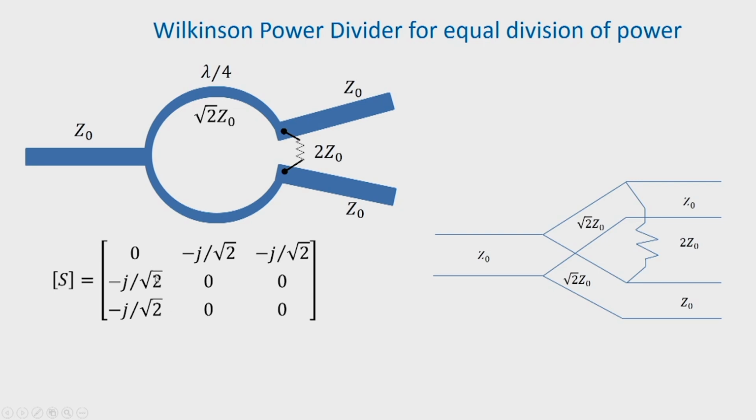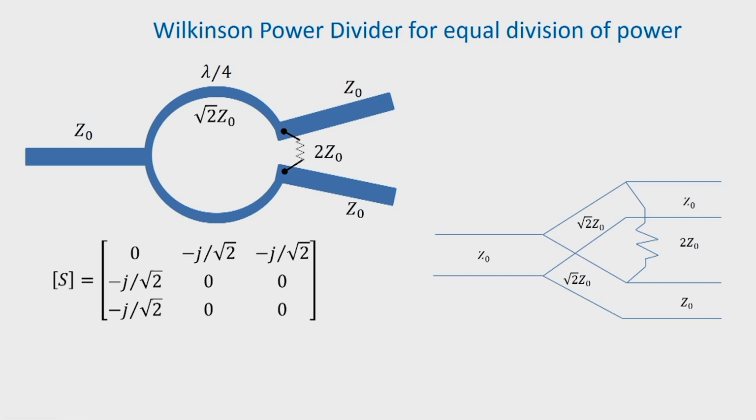We find that power division is equal and half the power goes to port 2, because mod of S21 square is half, similarly mod of S31 square is half.